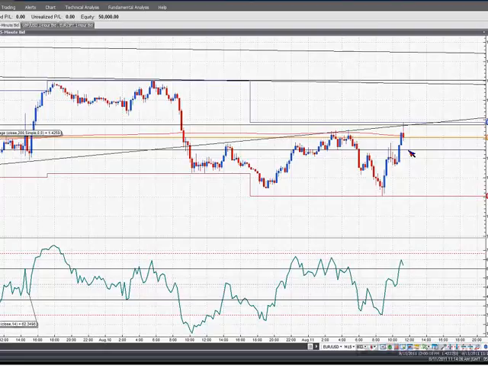Okay, and if that breaks, what you actually see, if 80 breaks, you'll get some sort of a double bottom again in the daily chart, and that's a lot more significant than what we are seeing in the 1 hour chart. Here's the double bottom in the 1 hour chart that could be developing.